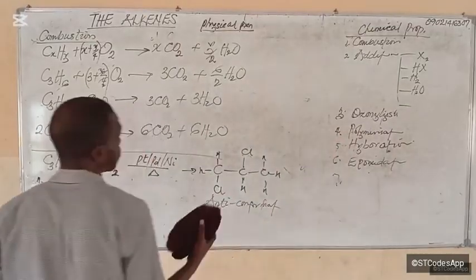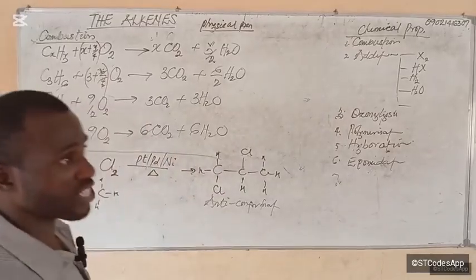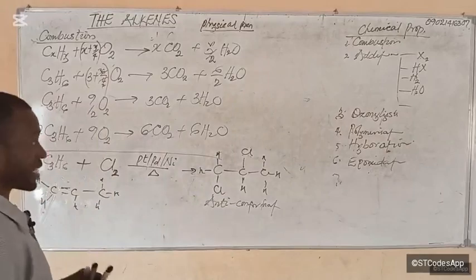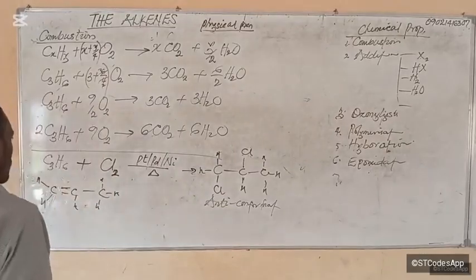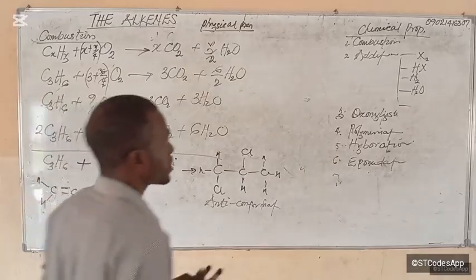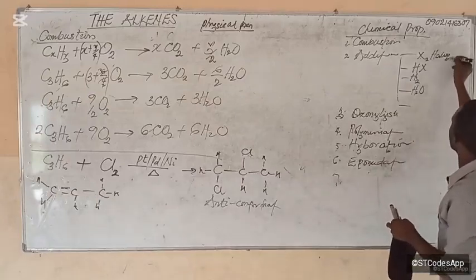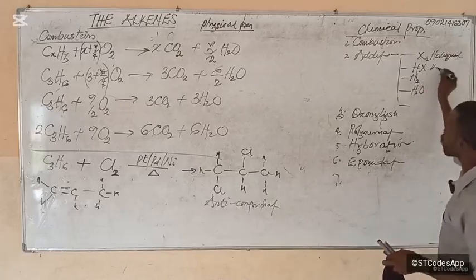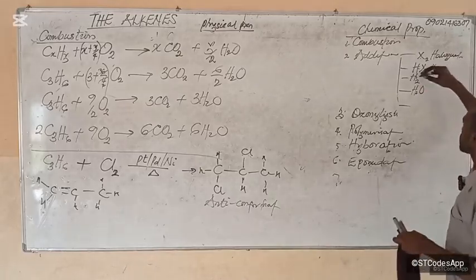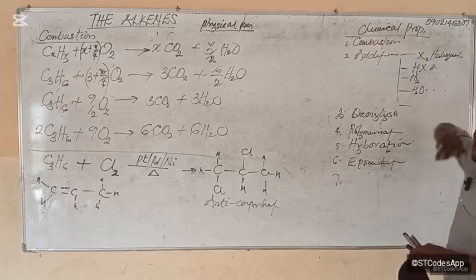So the next one we'll talk about is the addition of hydrogen halide. With addition of hydrogen halide too, the process here is called halogenation. This one is hydrohalogenation. This one is hydrogenation. This one is hydration.